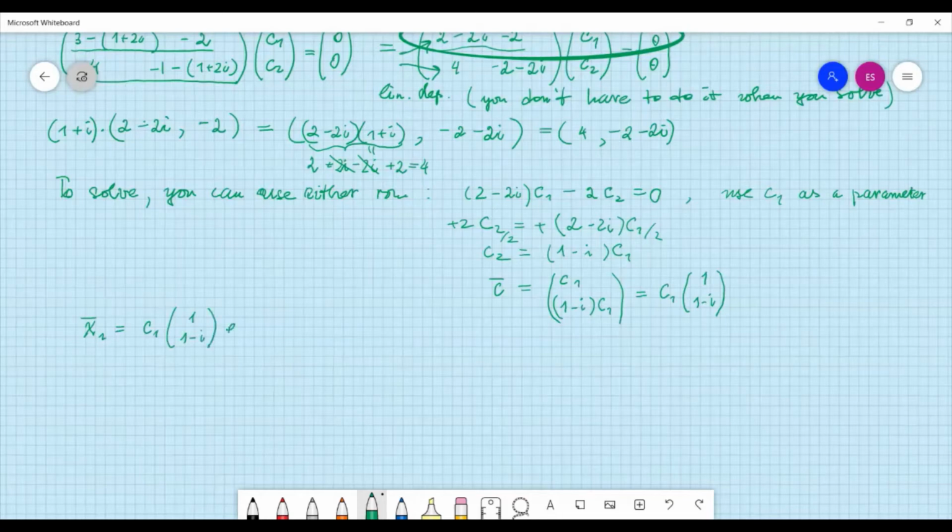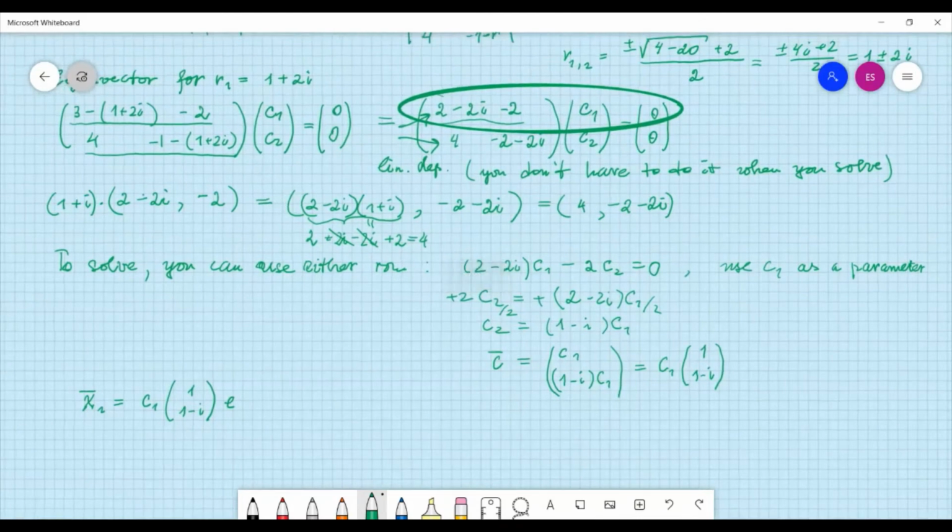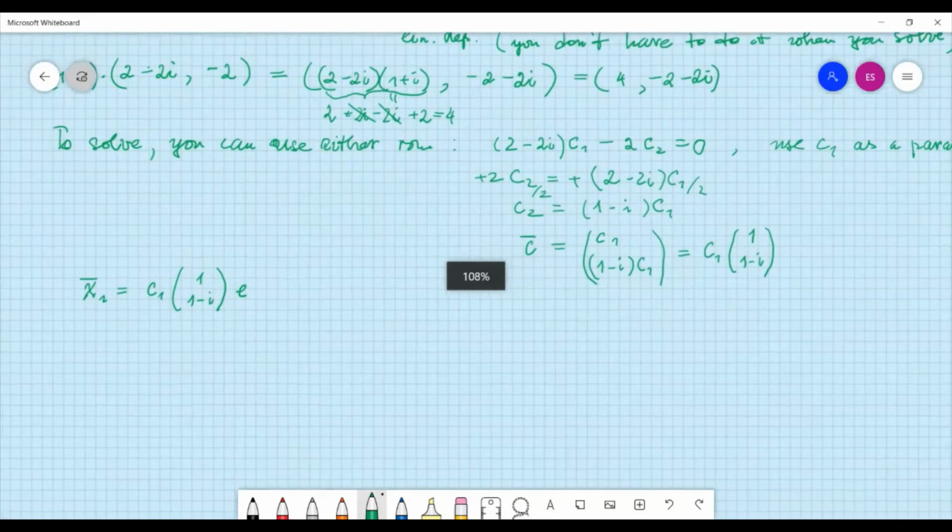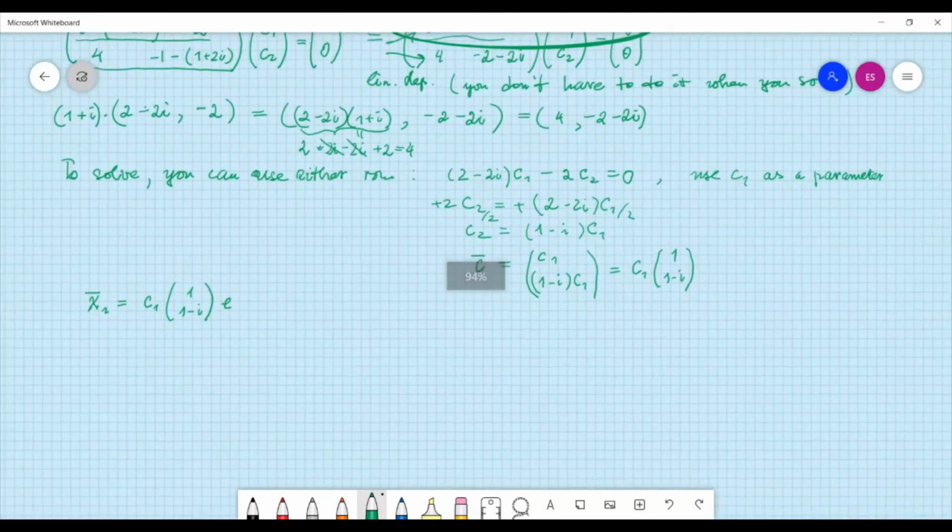And now my solution is, let me scroll down, it's supposed to be e to the power rt over here, right? What is my r? My r is 1 plus 2i, somewhere here. So instead of r, I'm going to write down 1 plus 2i, that's my r, multiplied by t. Again, I'm going to use Euler's formula.